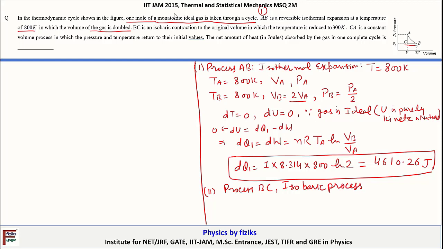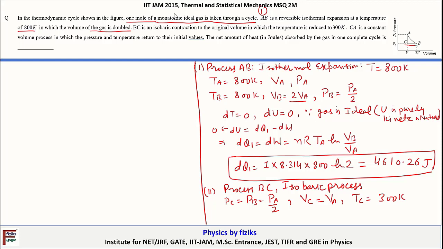For an isobaric process, the pressure at point C is equal to the pressure at point B, which is PA divided by 2, as noted in step 1. Further, the volume at point C is equal to the volume at point A, because points A and C are connected by an isochoric process. And it's given that the temperature at point C is equal to 300 Kelvin.